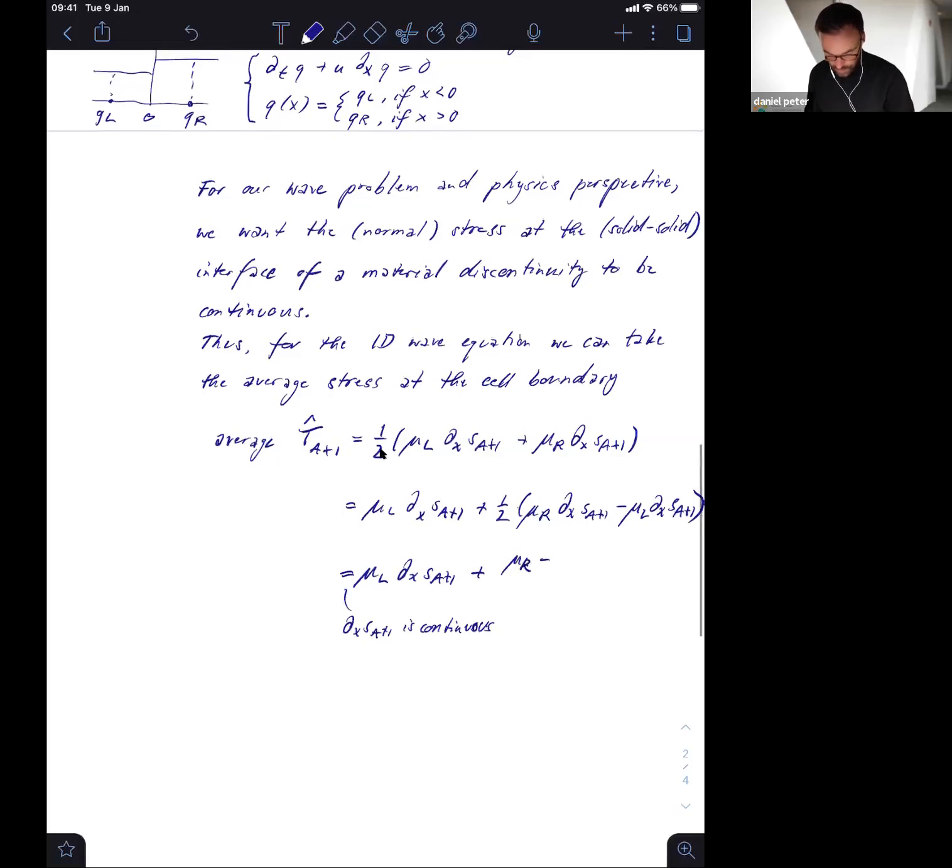So the shear moduli, mu_R minus mu_L. Take half of it and then have the strain. And this term here you can think of as a correction term, which solves this Riemann problem from a finite volume perspective.